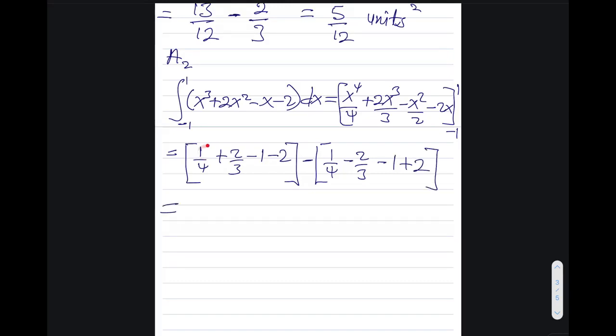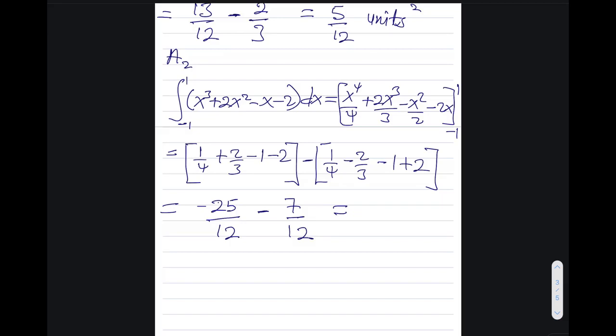If we simplify this, what do we get? -25/12, then minus. When we simplify what is here, we will get 7 over 12.